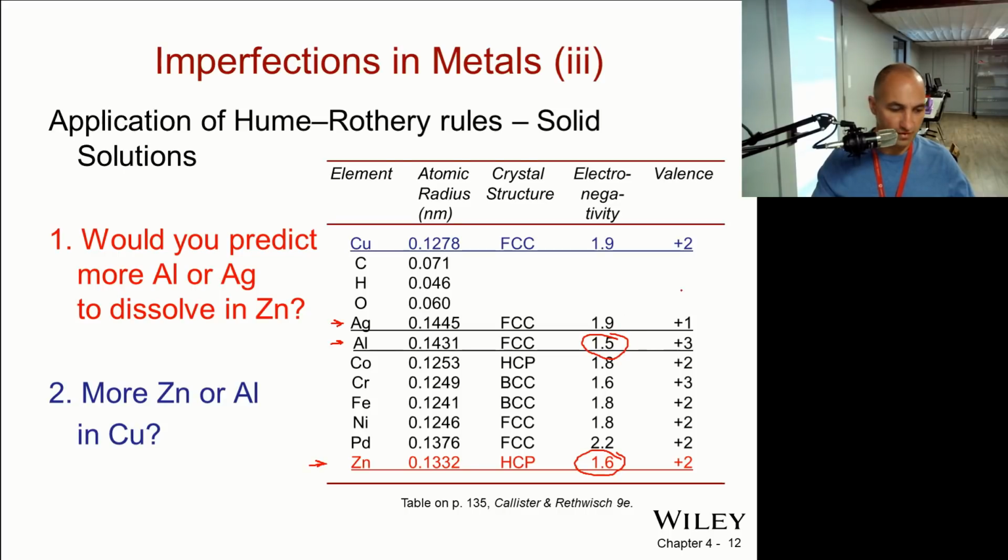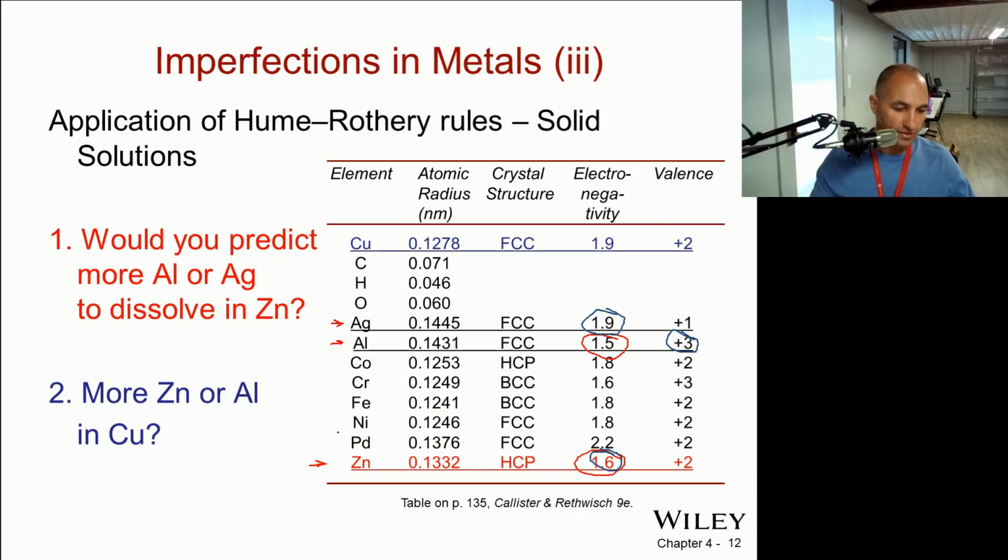However, this one compared to this one, they're not so similar. So that favors aluminum. And what also favors aluminum is the valence. It has a higher valence here. So that is going to favor aluminum over silver.